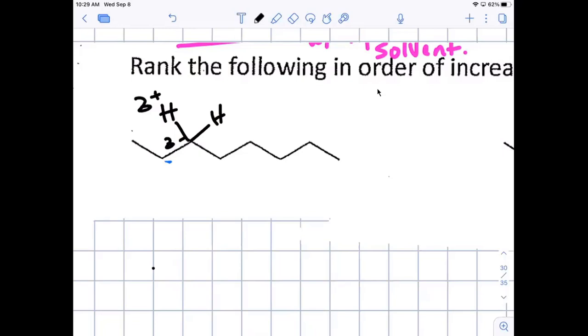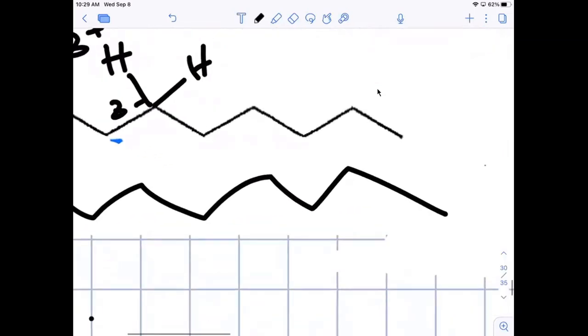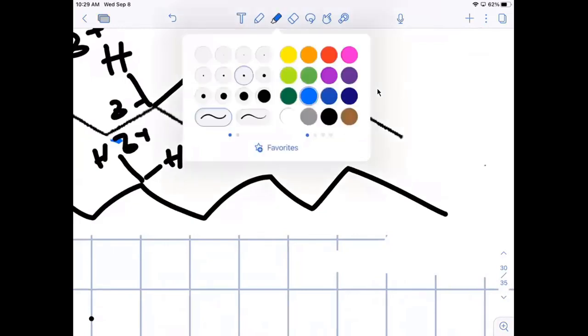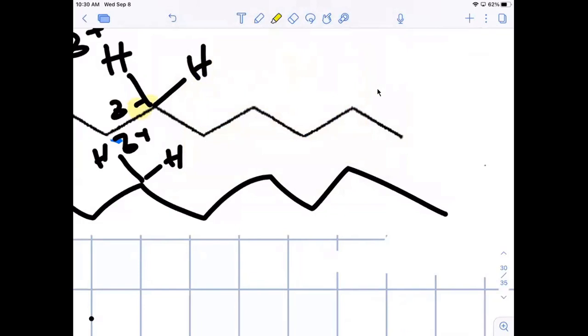And if I have another molecule underneath here, right, and it has the same micro dipoles, you can see right away that the partial negative right here is going to pick up on that partial positive right there.